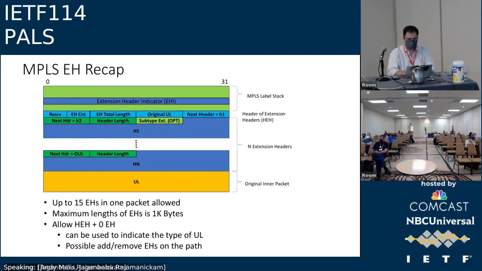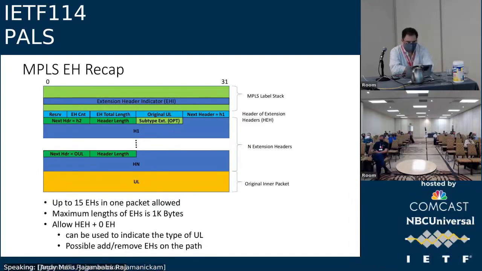First, a quick recap about what the MPLS extension header is about. Obviously, we will need some indicators in the label stack to tell us we have extension headers after the label stack, but how that is defined is out of scope of this document. In this document, we only specify how the extension header itself is encoded after the label stack.